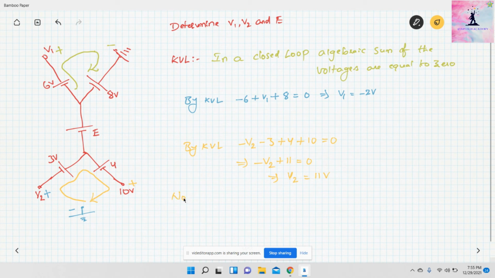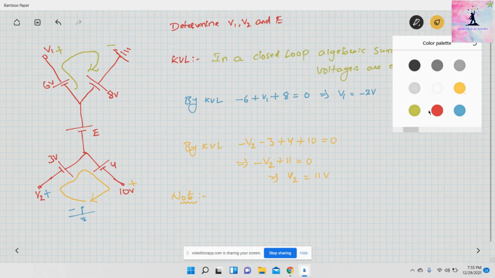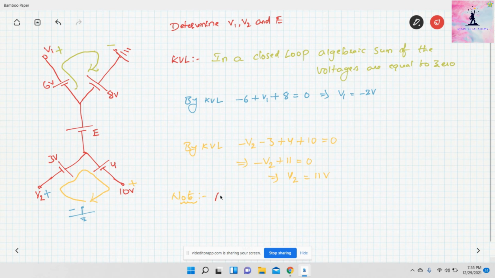Here notice, any voltage is assigned with respect to ground only.